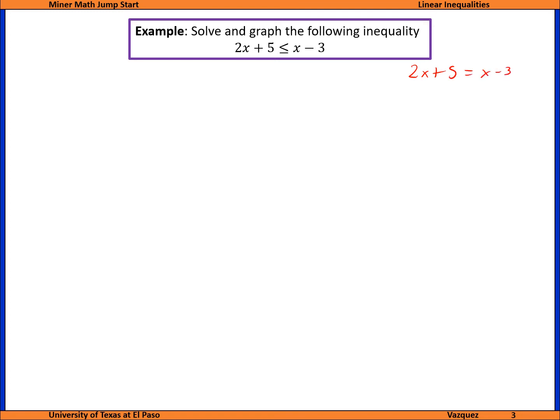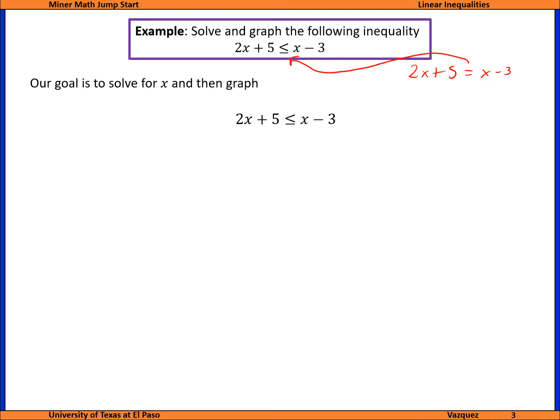To solve this equation, you solve for x, right? You try to have all the x's on one side, all the numbers on the other, and solve for x. With inequalities, it's the exact same thing. All that changes is that sign there. Don't let it confuse you. So our goal is to solve for x and then graph.